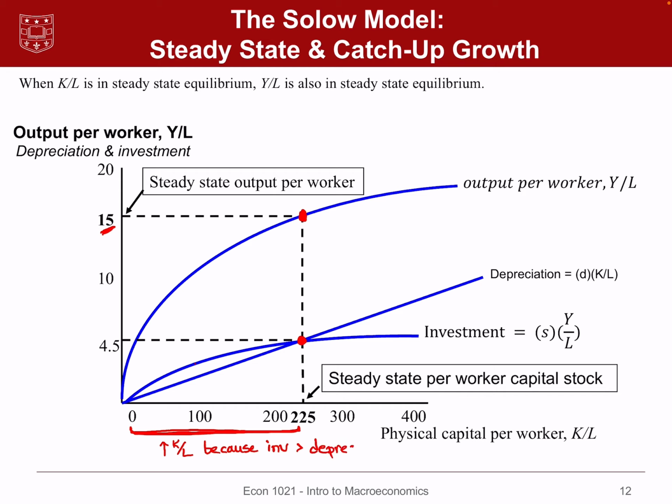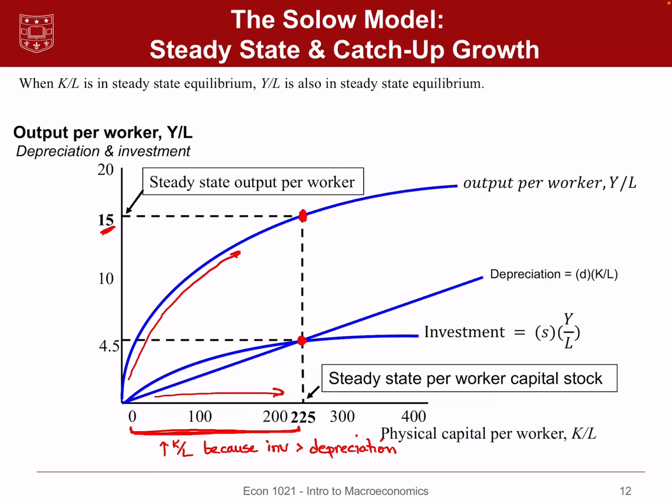That's what we saw in the previous slide. And as we move this way towards the steady state, along this production function, we're moving up.